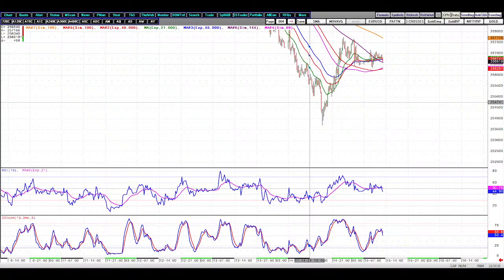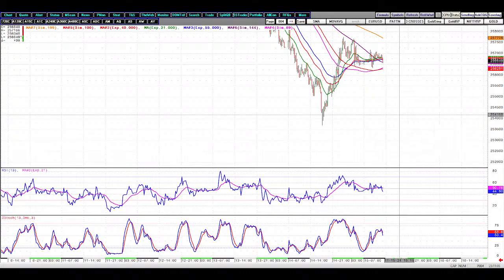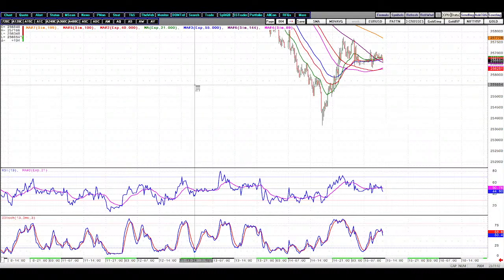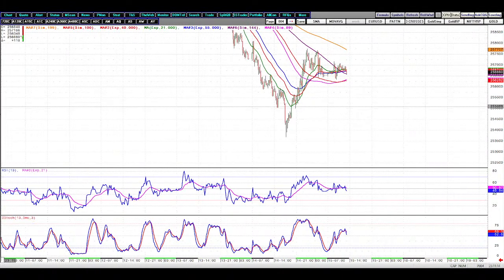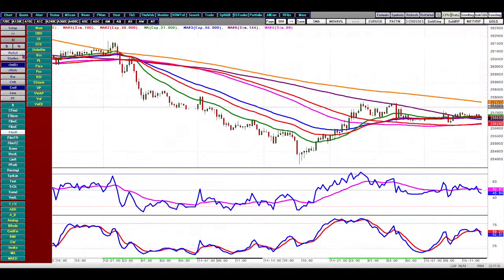Remember that our system says, remember I told you we should be exiting at 64 or 61 or even lower, right? So when we look into the chart, the system says 64.